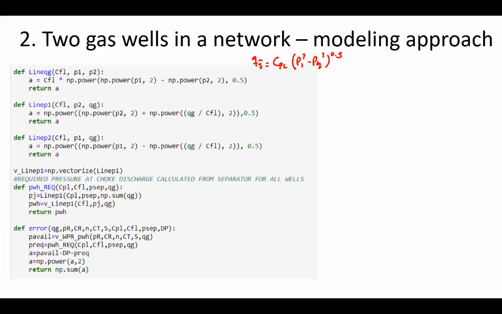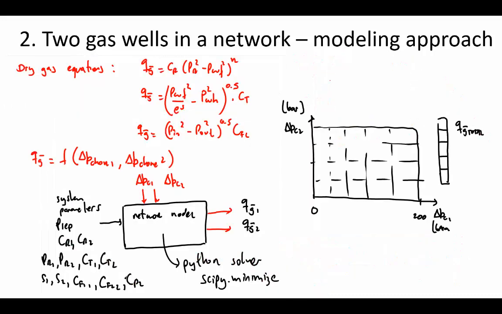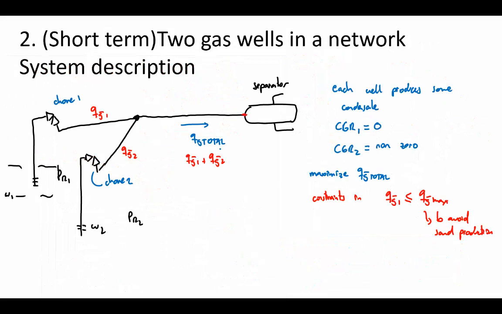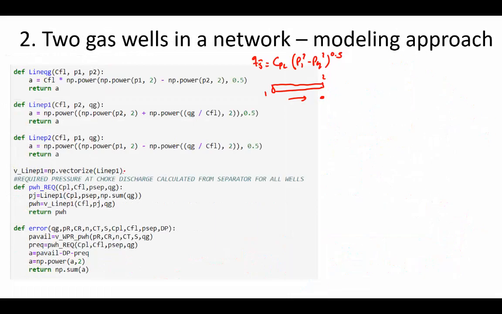And I'm again vectorizing it just to be sure that I can apply that for any number of wells. I'm vectorizing line P1, for a pipe with ends 1 and 2, and the flow is going in this direction. That's the case of the separator: I have separator pressure in my problem, and I want to go back here, finding the inlet pressure to the pipe.